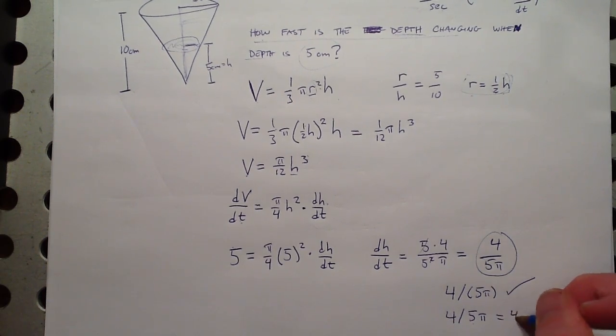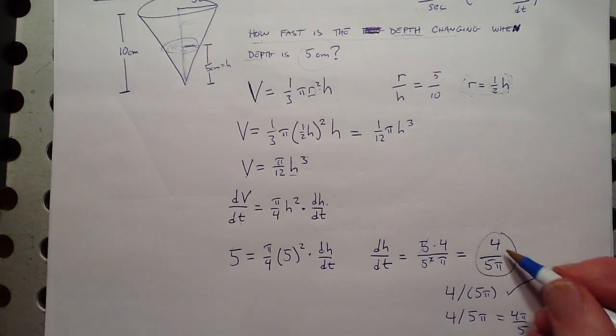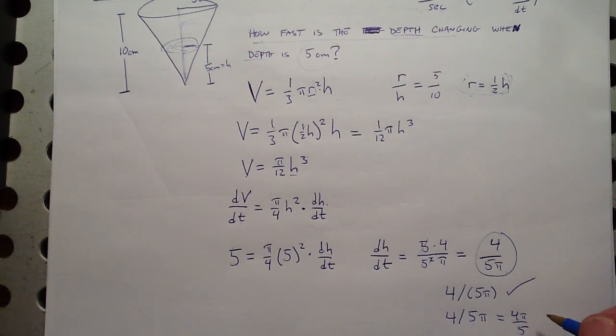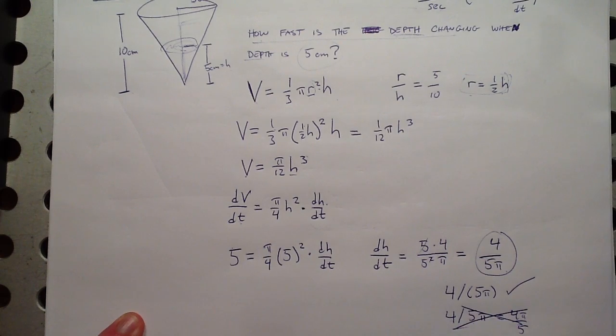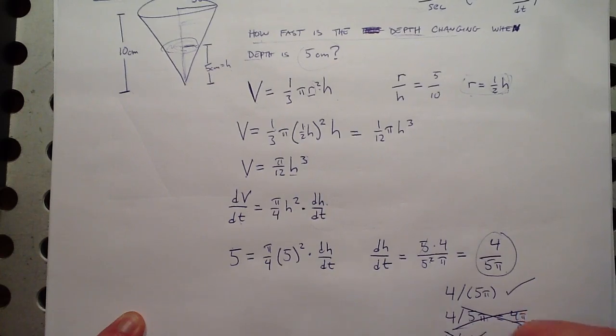That's the same as 4 pi over 5, not 4 over 5 pi. So this, incorrect. And don't just go thinking that one set of parentheses will solve all your problems. That's the same as this. That's also no good. You have to have the whole bottom of the fraction in parentheses.